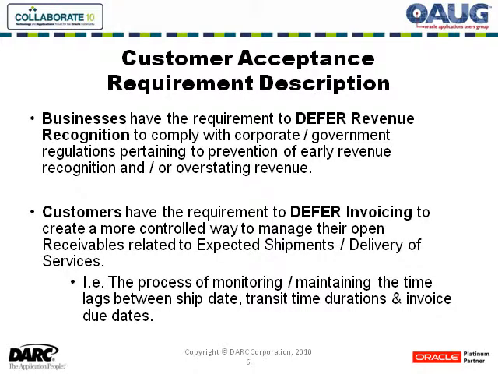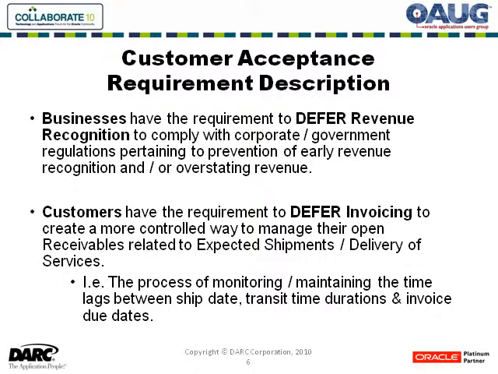Now we're going to go over the requirement description in a little deeper detail. It depends on which side of the fence you come from to understand the requirement. On the business side, they have the requirement for customer acceptance because they need to defer revenue recognition, and they need to do this to comply with the corporate government regulations pertaining to the prevention of early revenue recognition and/or overstating their revenue.